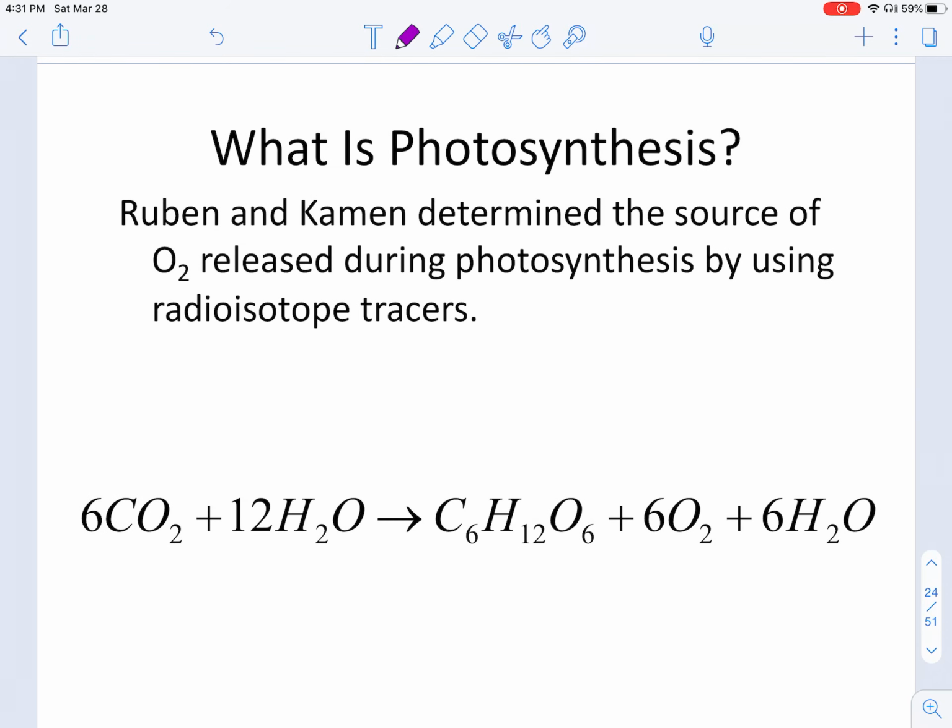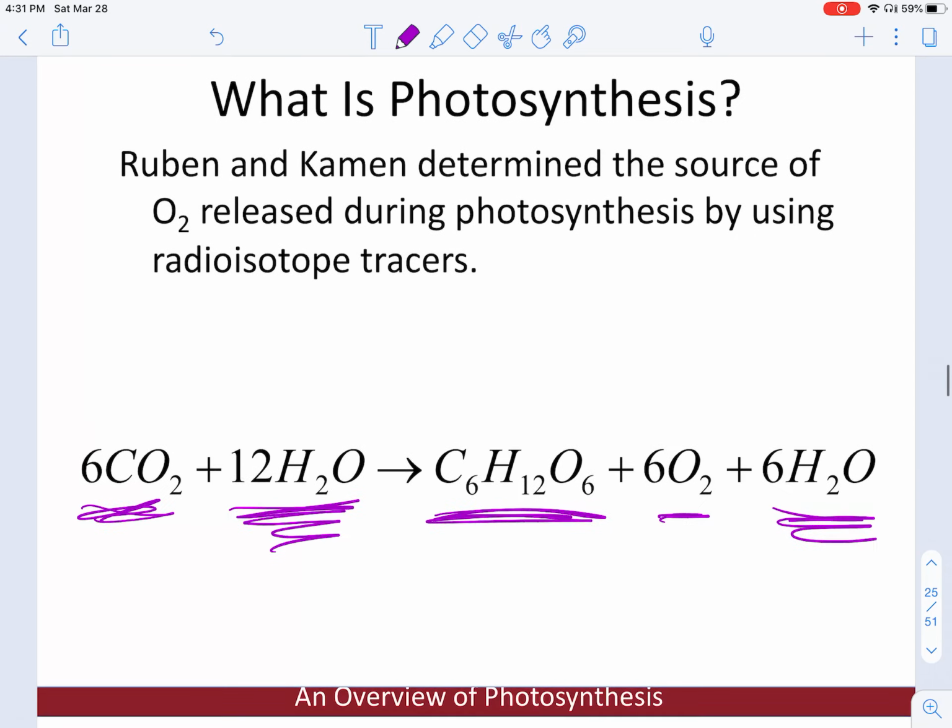Okay, so here is the balanced equation. 6 carbon dioxide molecules and 12 molecules of water yield glucose, molecular oxygen, and then you return back a good portion of that water as well.